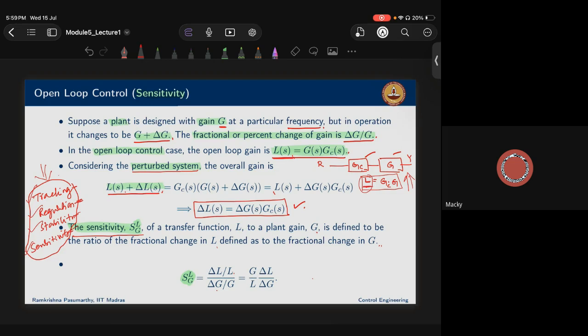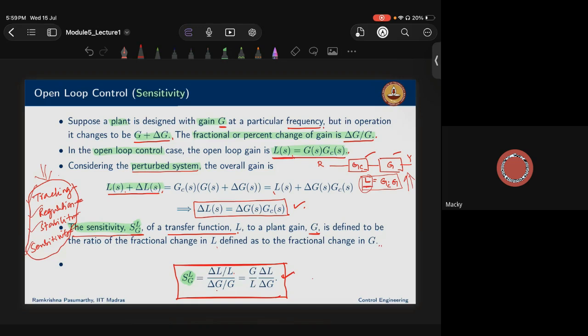Now sensitivity, this particular term, S of G L, is the sensitivity of the transfer function L to changes in the plant G, defined as delta L by L divided by delta G by G. You can define that as the fractional change in L divided by the fractional change in G. That is called the sensitivity.